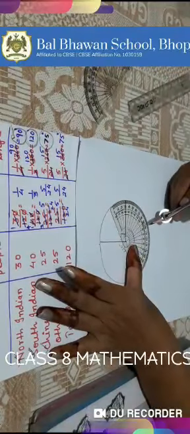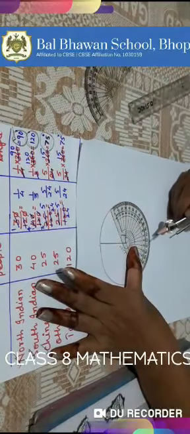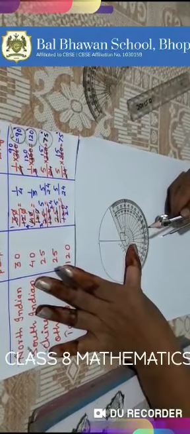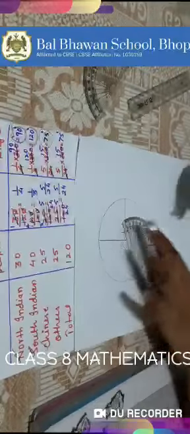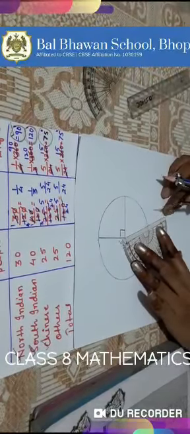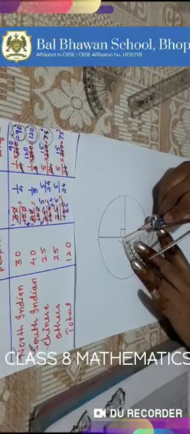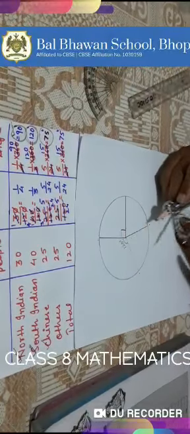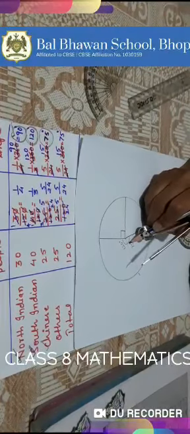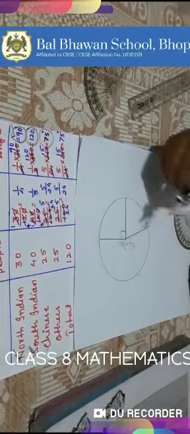So it will come between 70 and 80. So this is 75 degrees. Now we will join. After joining this, we got the 75 degree central angle for Chinese food.